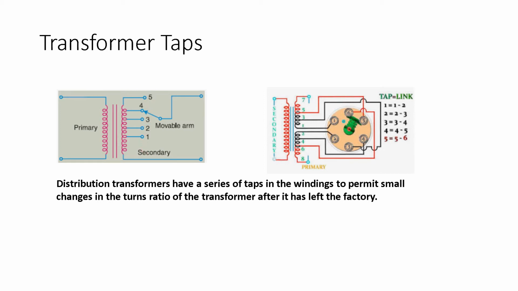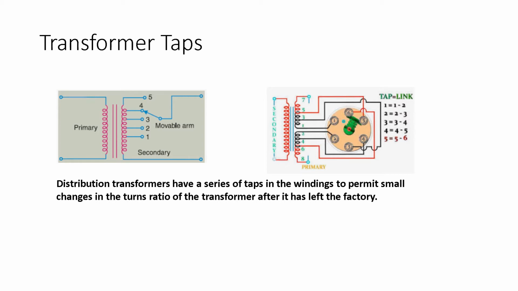So these are the taps which help us get the desired or adjusted output voltage. And this is an automatic mechanism with the help of moving arms. Here we have connected 5 and 6 with the help of this arm.